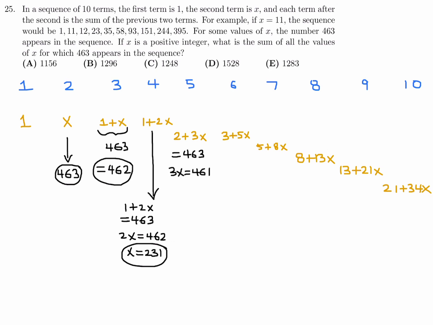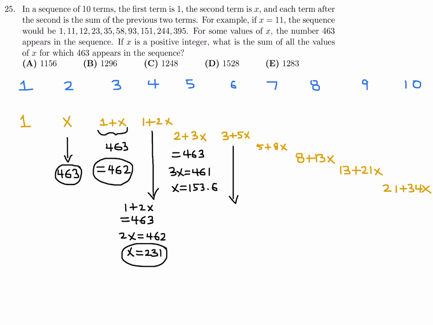And therefore x would be about 153.6. Now this we don't include. Why? Because they only want positive integers for values of x. So that's not something that I can include in my sum. Okay, no problem.